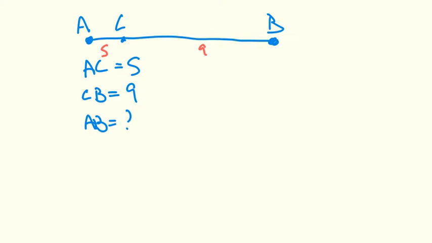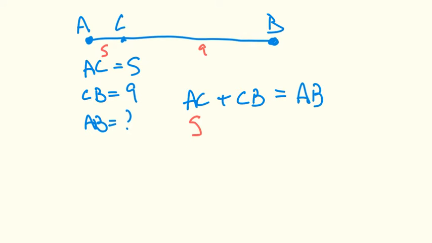Well, we'd set up our segment addition postulate, and we would say AC plus CB equals AB. We'll do some substitution. AC is equal to 5, so we're going to replace AC with 5.